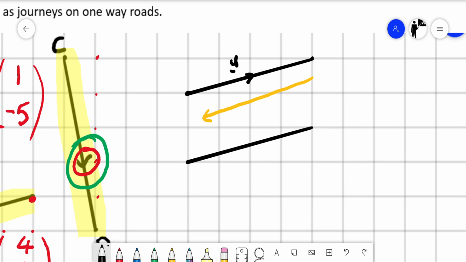But if I wanted to start here and finish here, going in this direction, all we do is say it's the negative of the vector u. If we want to find the negative of a vector, that is the road in the opposite direction. We need to make sure we've got the negative there. The negative indicates that we're going the wrong way down the road.